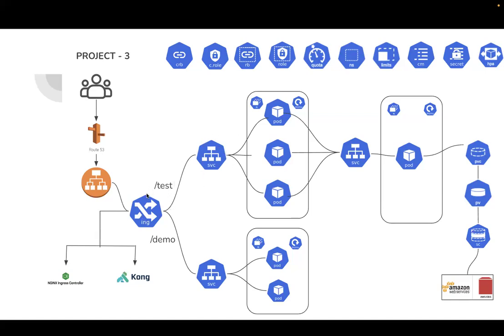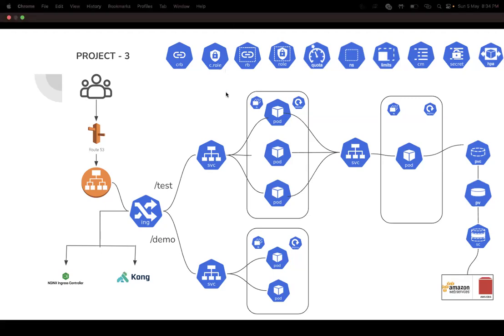If the API is www.youtube.com/demo, that is /demo, then the request goes to this service actually. Path-based routing will be provided by the ingress controllers. So such kind of things we are going to see as part of this actually.